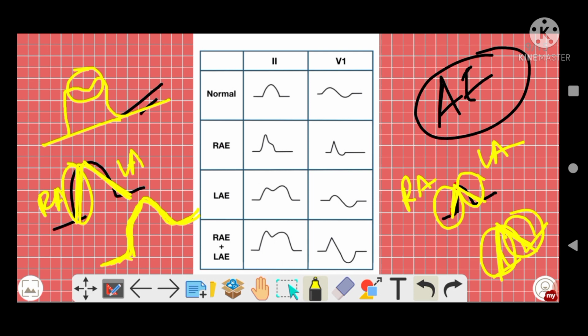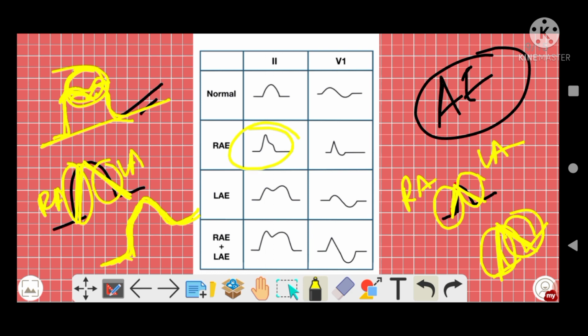When there is a problem in the left atrium, the right atrial contraction is okay, but when the ECG curve tries to descend, there will be abnormality, so it will go upwards again and then come downwards. It will give an M pattern. I hope I am able to make you understand.